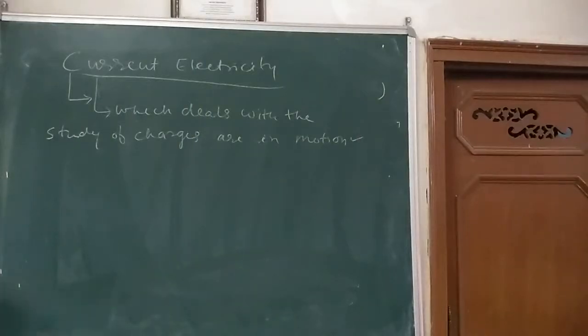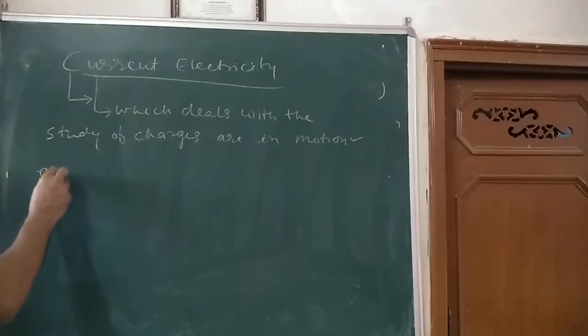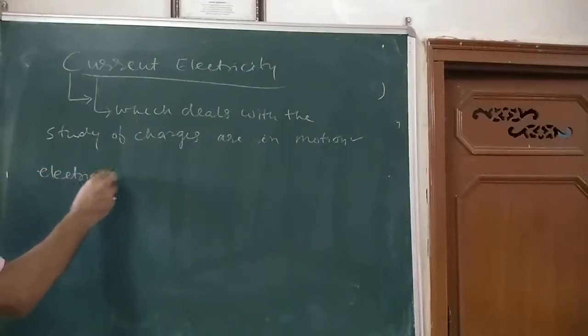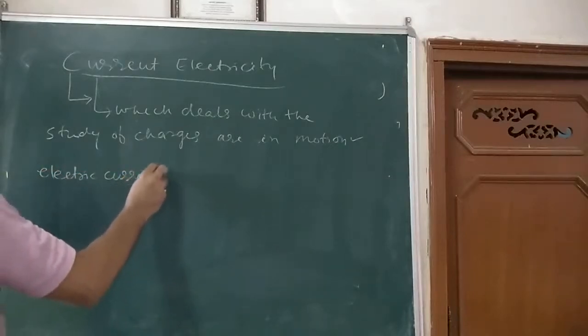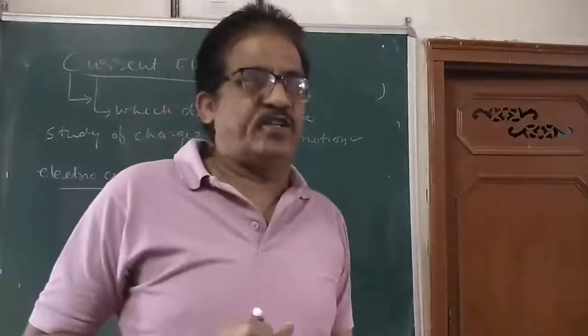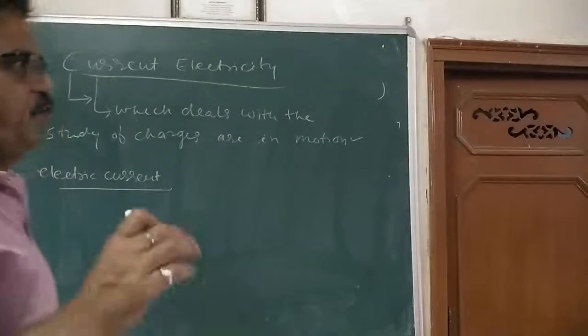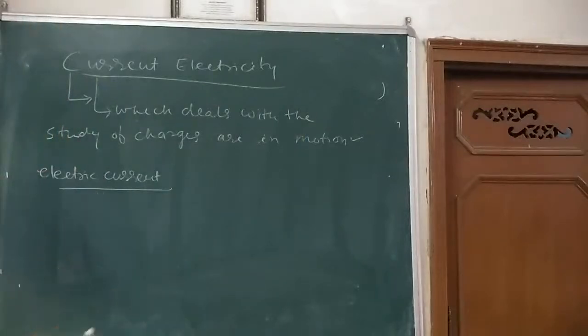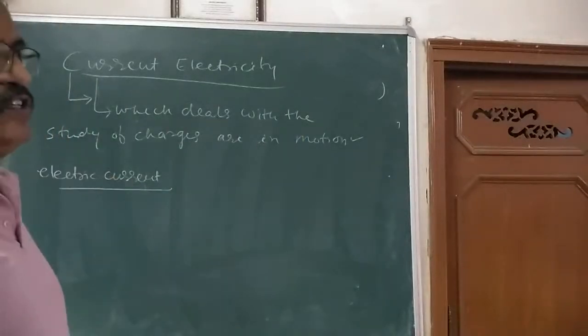So here I first want to define what is electric current, that we have already learned in 10th class. The rate of flow of charge is called electric current and the unit of electric current is ampere.